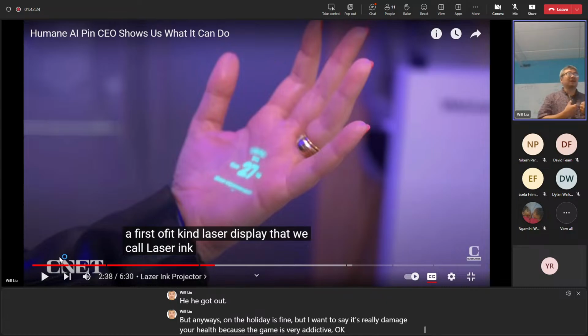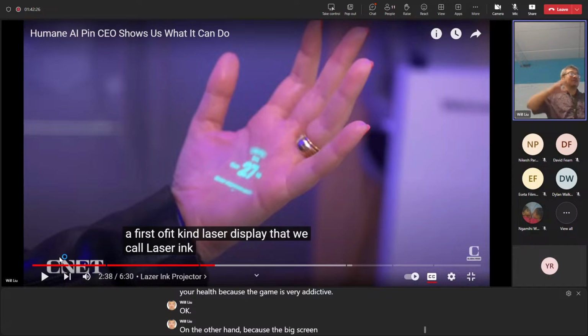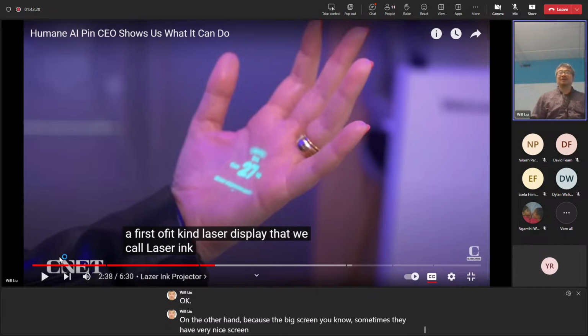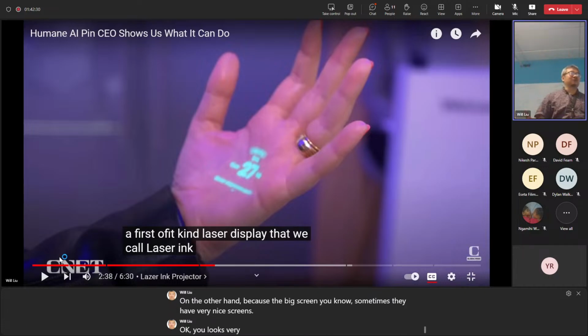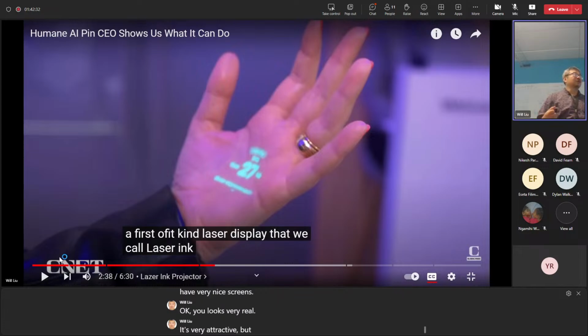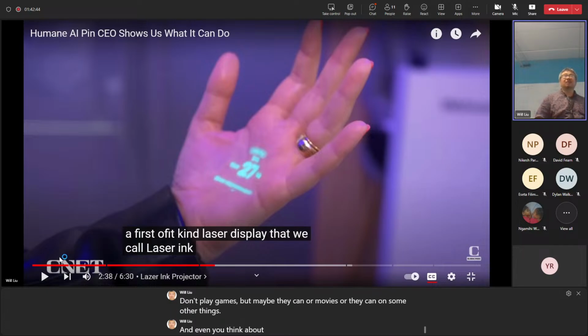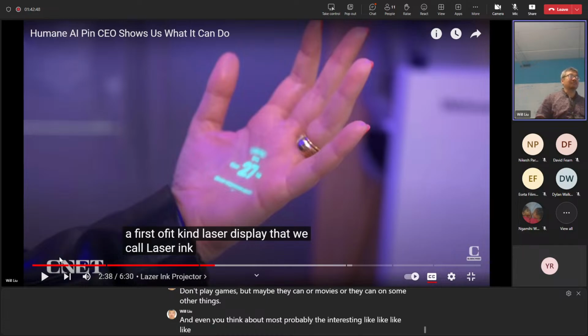On the other hand, because of the big screen, sometimes they have very nice screens. It looks very real, very attractive, but it also makes you addicted. It's not necessarily games. You may say, hey, William, I don't play games, but maybe you're addicted to movies, or other things. Think about TikTok, like Instagram.